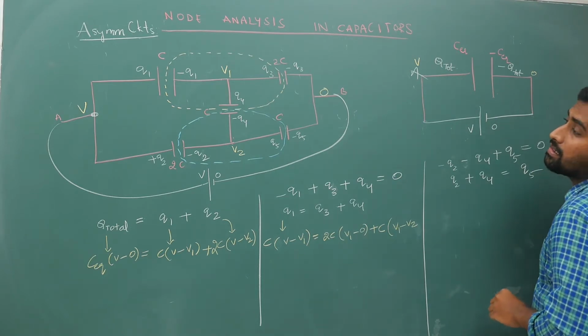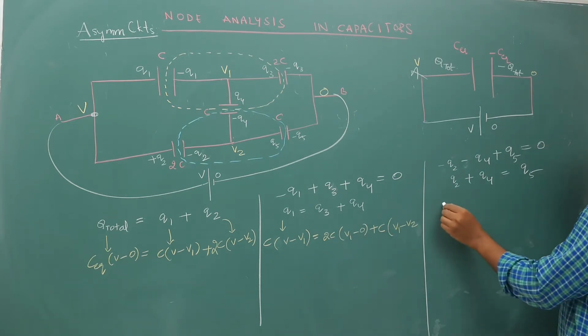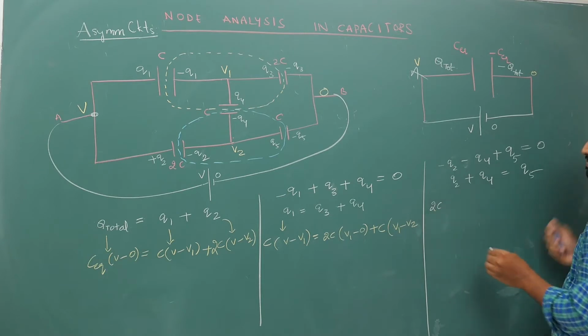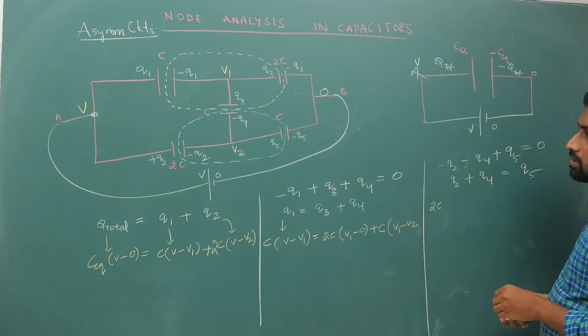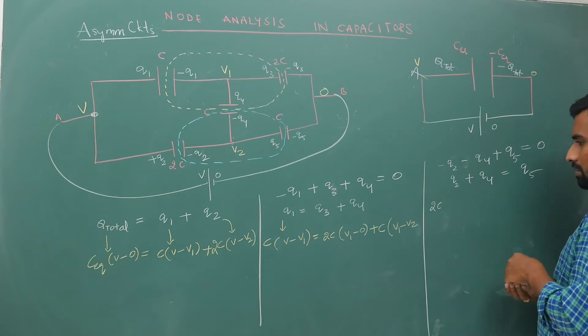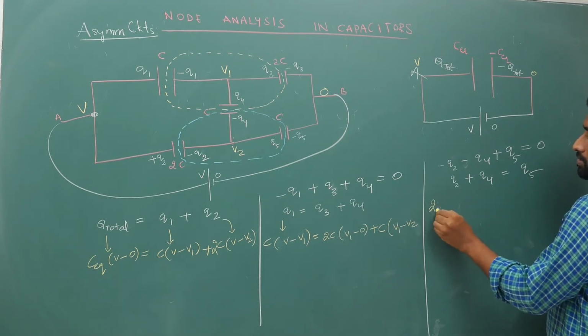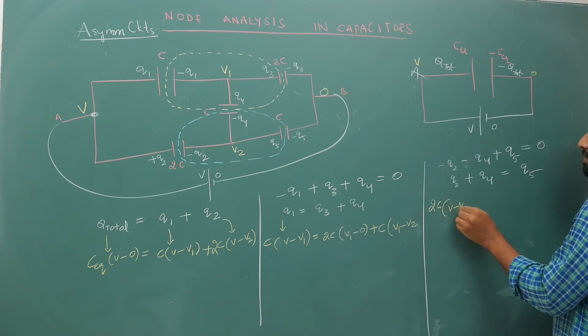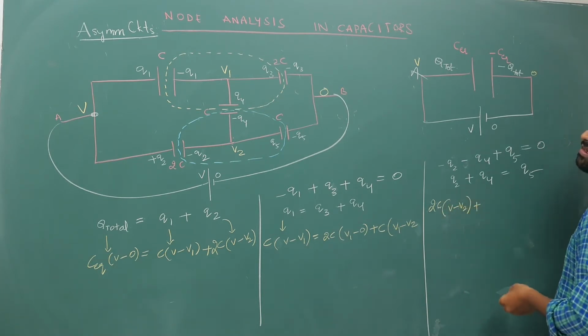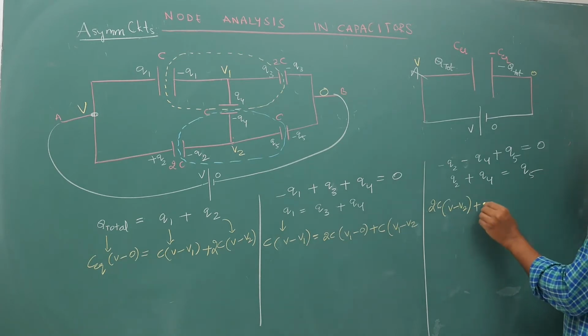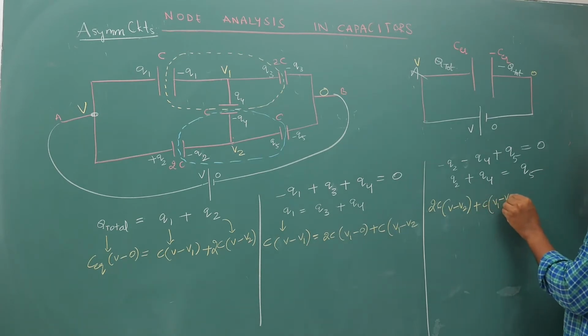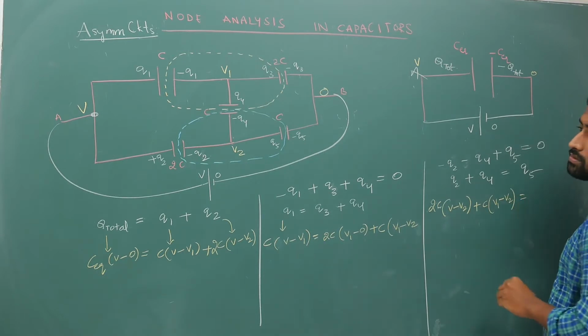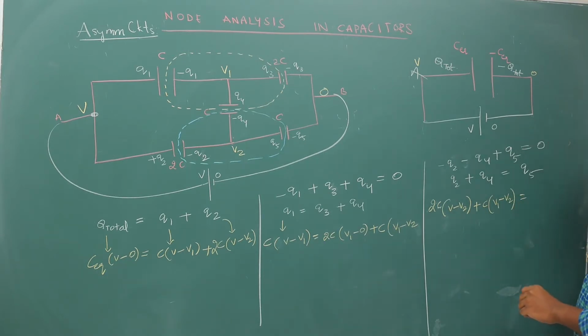Okay, right? What is q2? Your q2 is 2C times V minus V2, plus q4, which is C times V1 minus V2, is equal to q5, which is C times V2 minus 0.